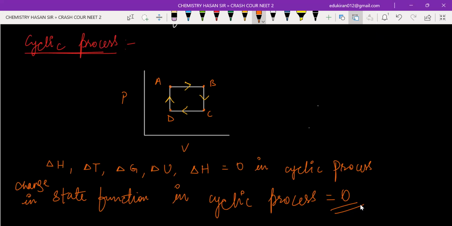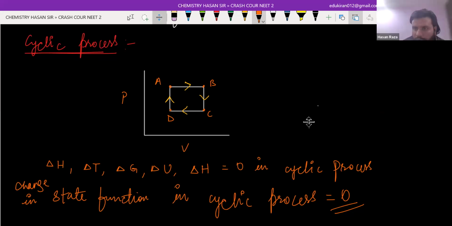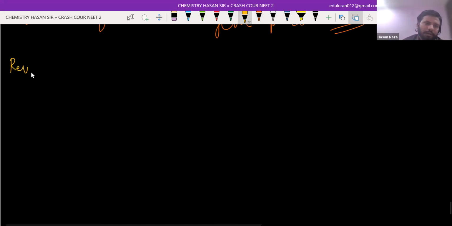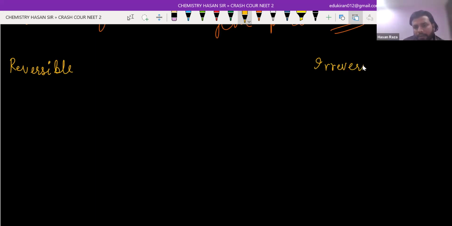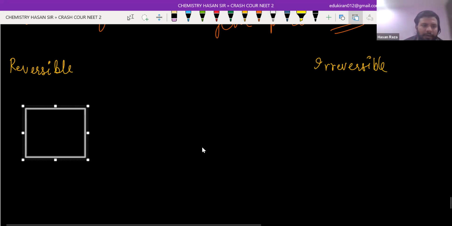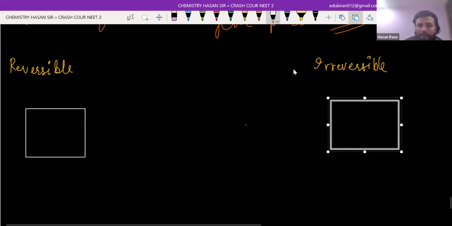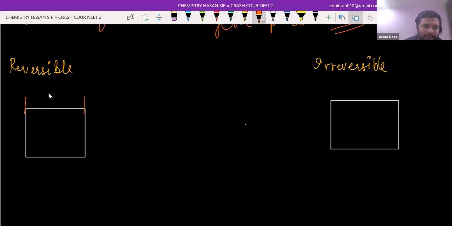Done, sir. Okay. Now the next two processes are very important, and they are known as reversible process and irreversible process. I'm going to explain this instead of writing the definition. See, there is a container, and again, there is a container. The most important point here is that this container has a piston.